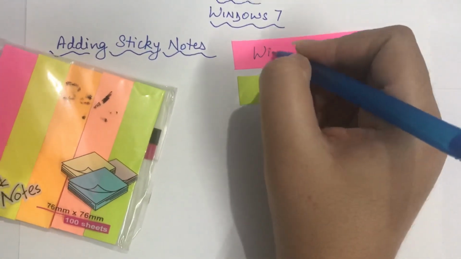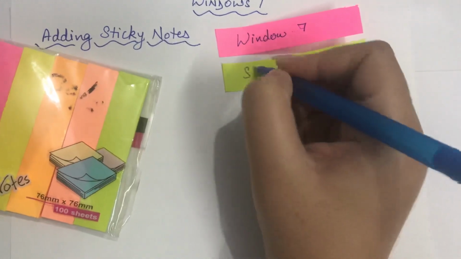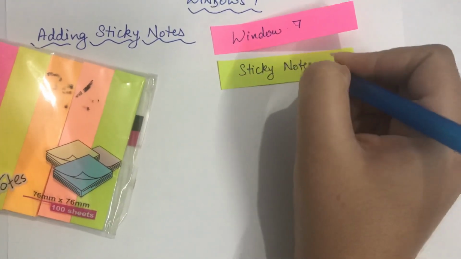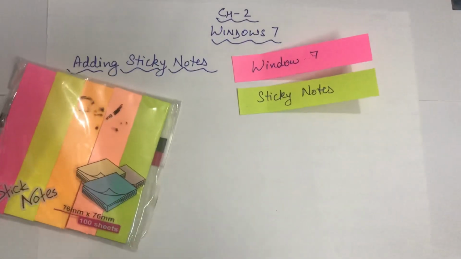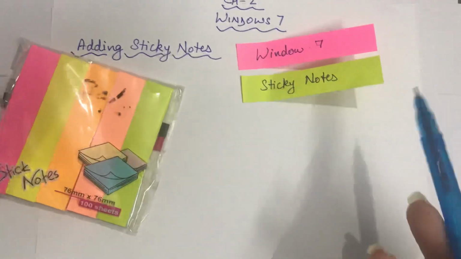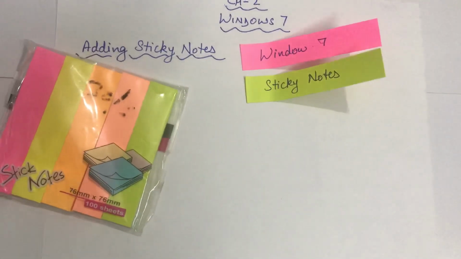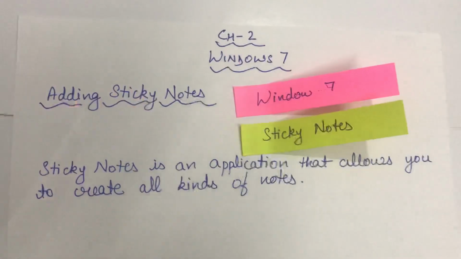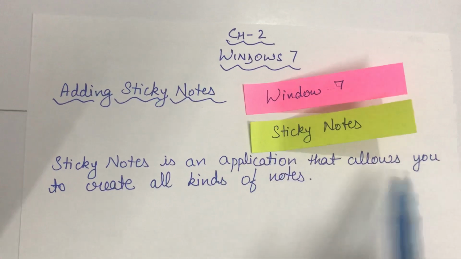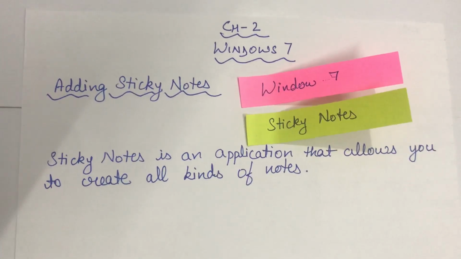Windows 7, sticky notes. Right, you can write anything on these sticky notes. Understood? Similarly, just like this, we have sticky notes in computer also. Sticky Notes is an application that allows you to create all kinds of notes.